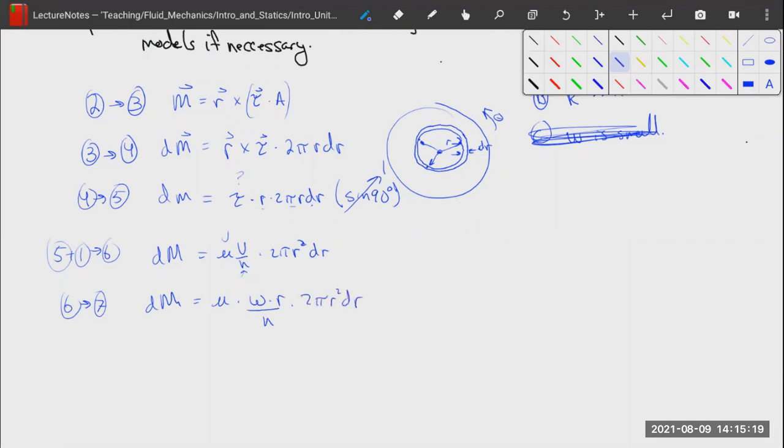And now we can integrate both sides. So this just becomes m is equal to, we have an r cubed actually here, dr, right?